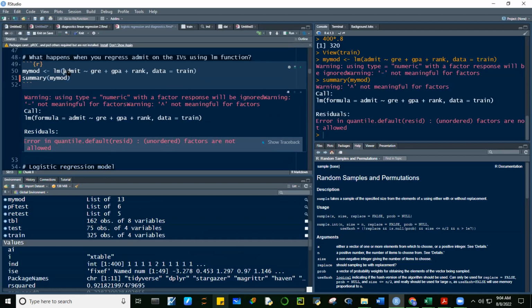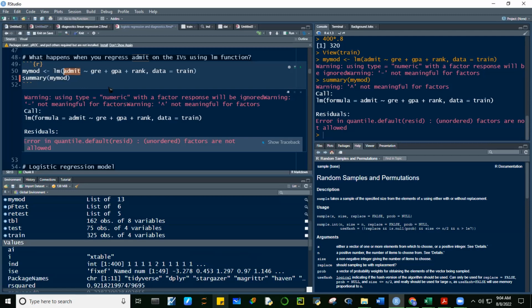Kasi si admit factor to, di ba? Factor siya. Tapos gagamitin natin as yung variable na factor and regress natin dito sa mga predictors natin. So, mag-warnings are hindi pa pwede. Hindi pa pwede na yung sa LM function natin, linear model, yung dependent variable natin is a factor.